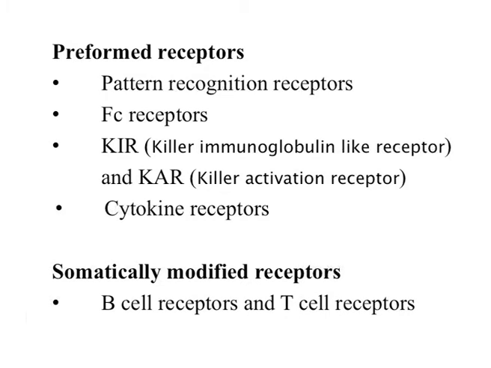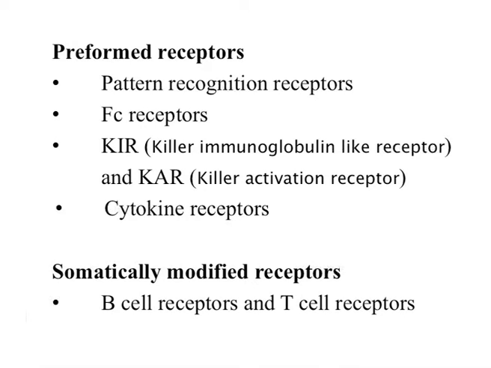Among the preformed receptors, pattern recognition receptors are very important. Also there are receptors for the Fc region of immunoglobulins, called Fc receptors. Also KIR and CAR receptors present on natural killer cells, complement receptors, and cytokine receptors. There are many preformed receptors, and mainly they are part of the innate immune system.